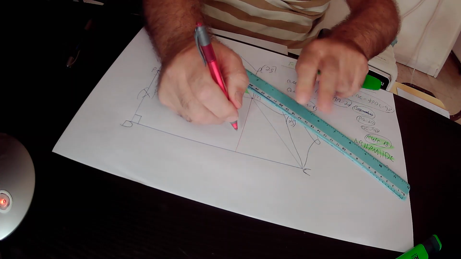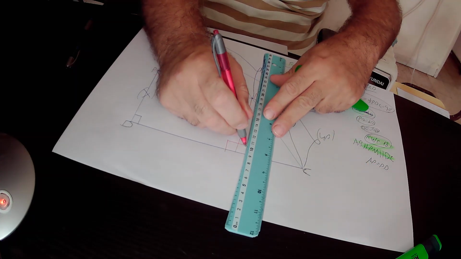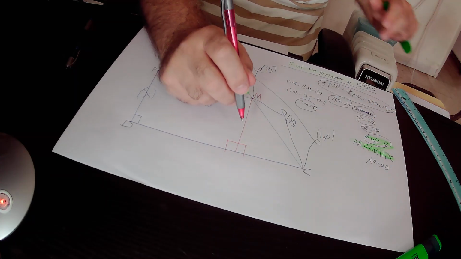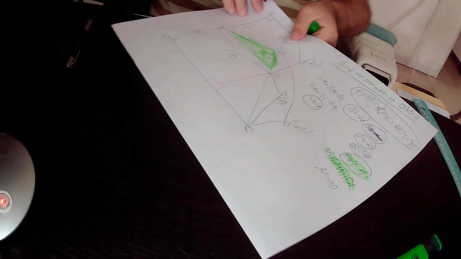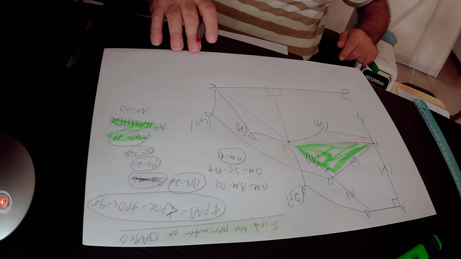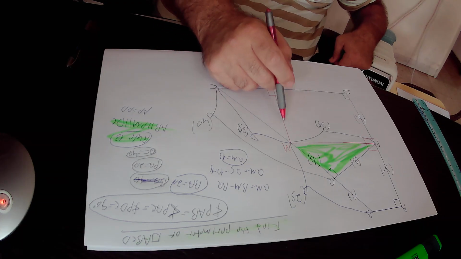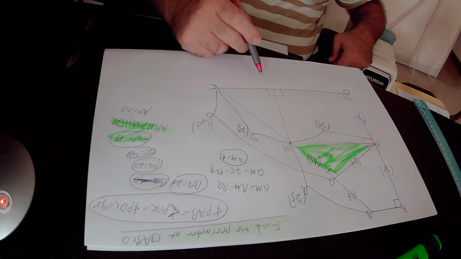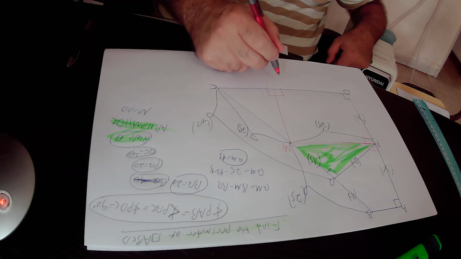So actually, this angle equals 90 degrees in its size, and this angle also equals 90 degrees in its size according to our construction. We will define the touching point of the perpendicular from point M and DC. This point is point N.